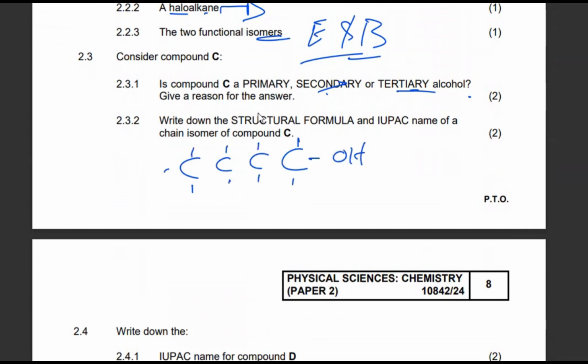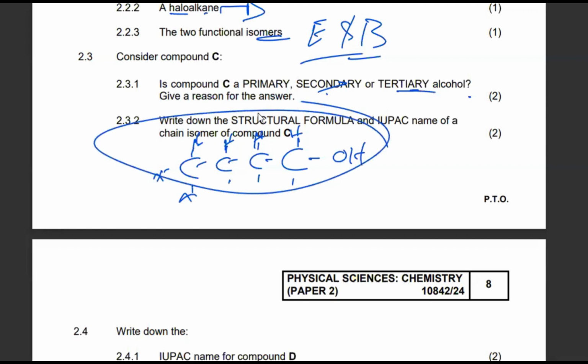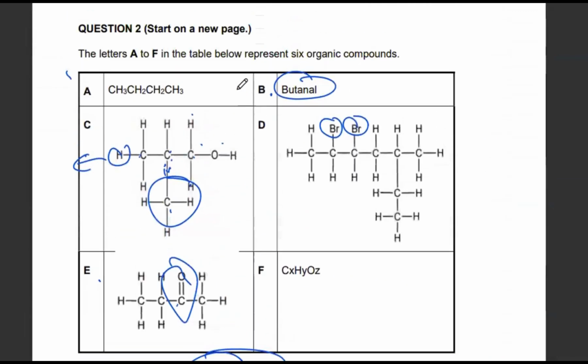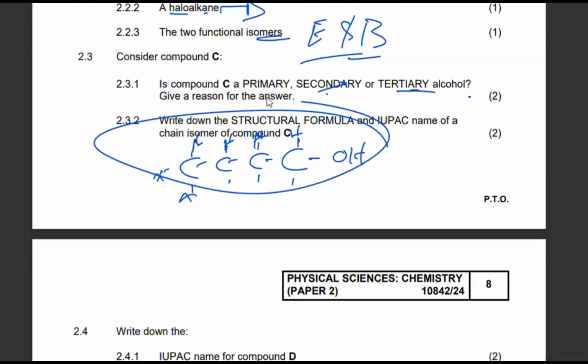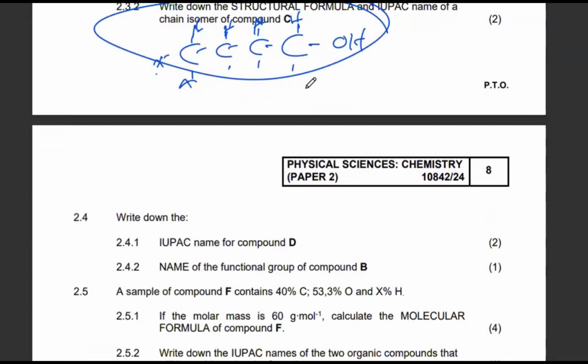The hydrogens are supposed to be there with the bonds. Guys, don't forget that these ones, you put them as hydrogen. Don't just leave them as this. So this is the chain isomer of this. 1, 2, 3, 4. So basically then you get the answer.